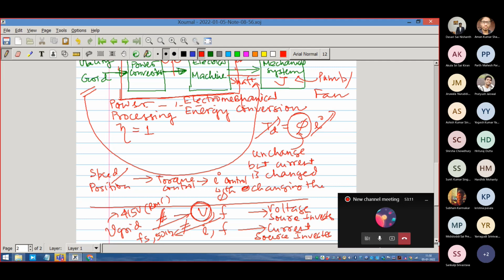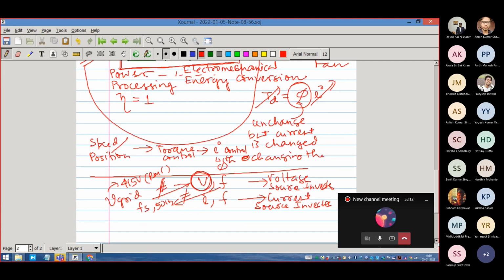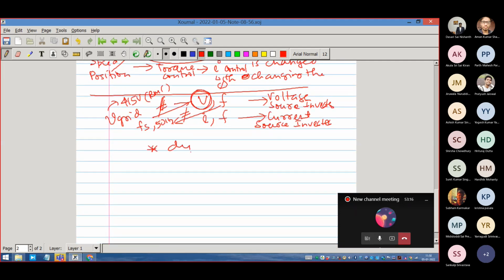So performance criteria wise, if I want to remember and write it, we have to think of dynamics and steady state performance. Steady state performance is given by the steady state error, for example, position error.